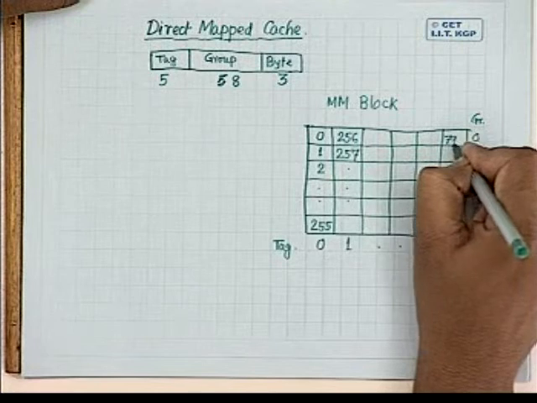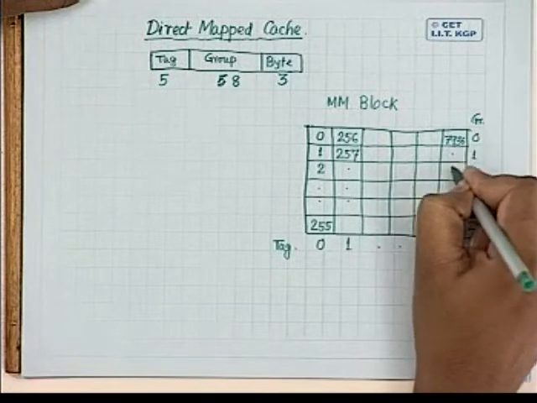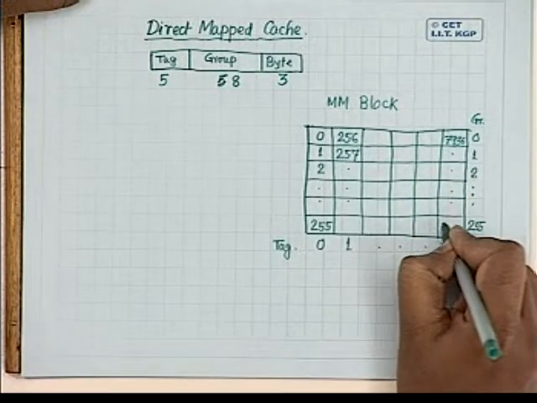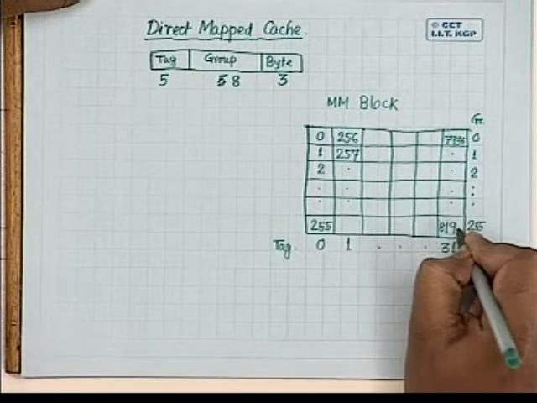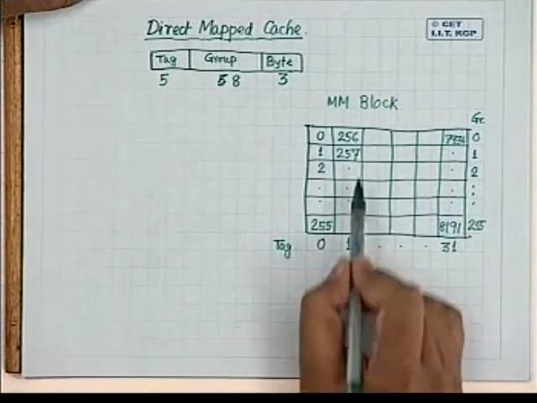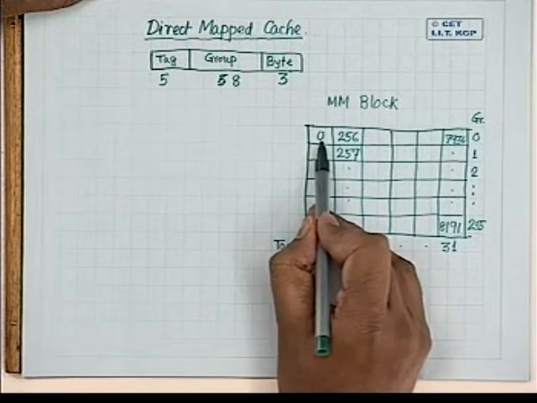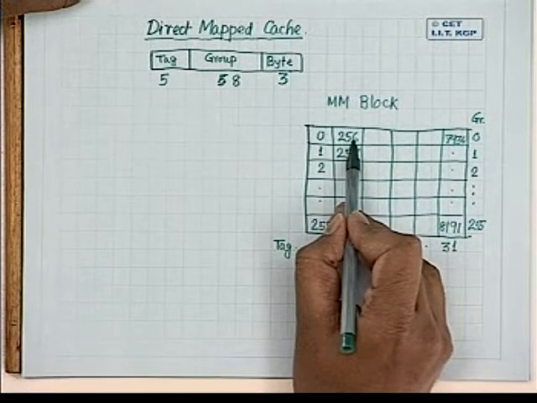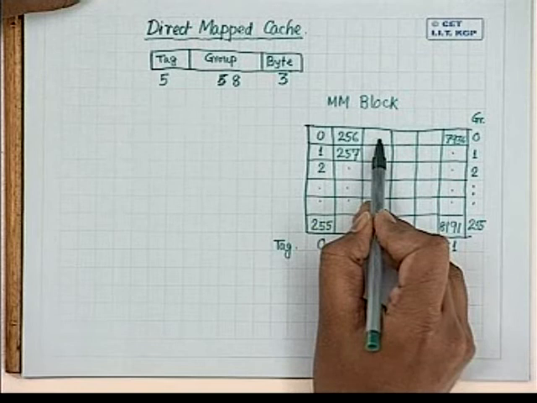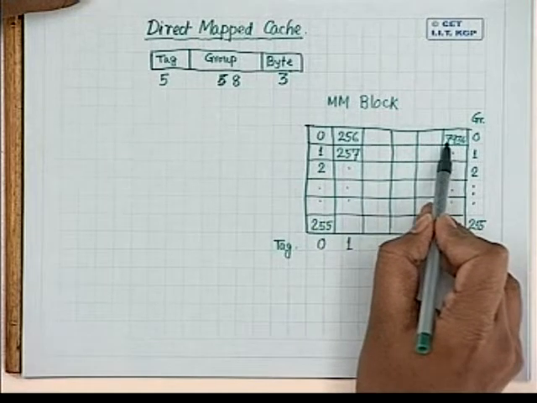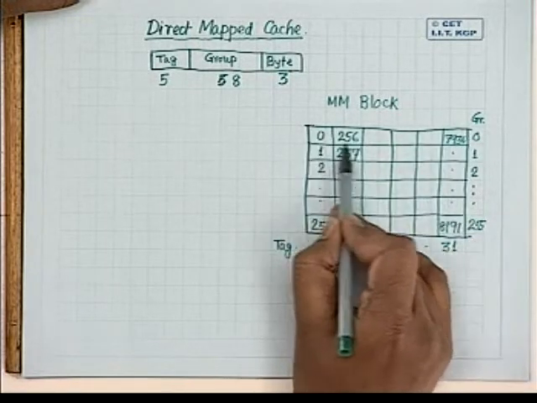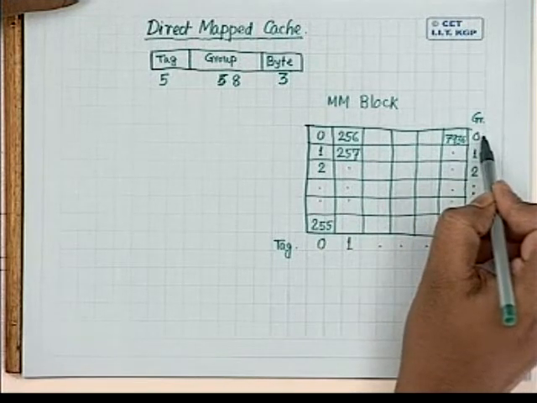If you calculate, it will come to 7936, and this will be 8191. Okay. So all these blocks, block number 0, block number 256, block number 512, this way block number 7936, all of them belong to the same group, and it is group 0.